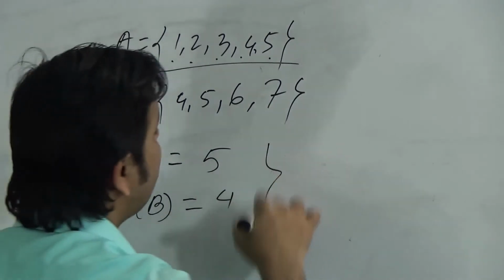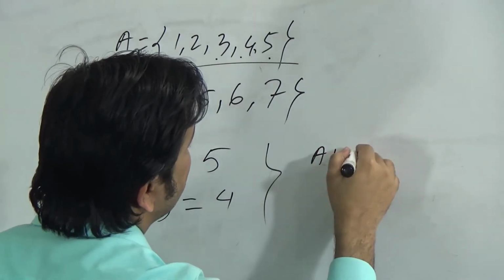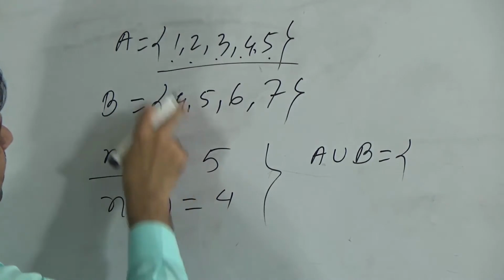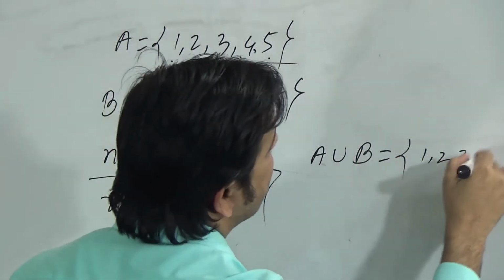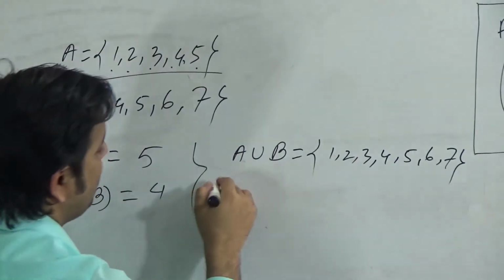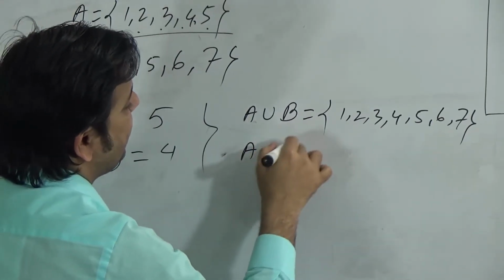Okay. If we consider these two sets, what will be A union B? The set A union B will be, we have to take all the elements from 1 to 7. It means 1, 2, 3, 4, 5, 6, 7. So we can say number A intersection B now.